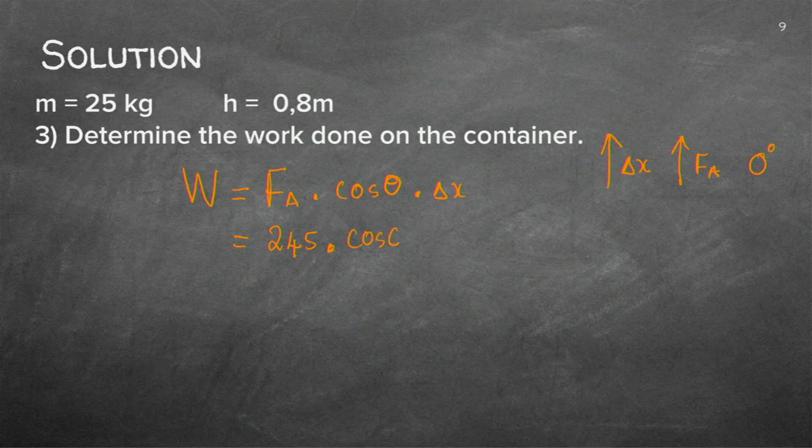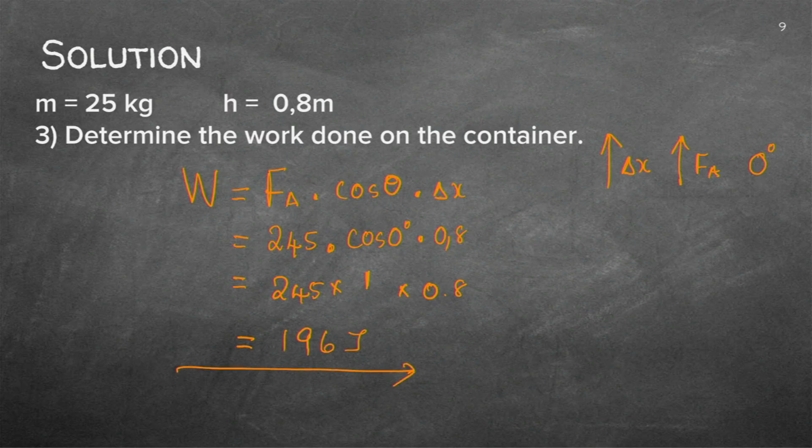Therefore, cos 0 degrees times the height of 0.8. And can you see that value is 1 again, 245 times 0.8, which gives me a value of 196 joule. Your answer, no direction, it's a scalar, and you did a very accurate calculation to determine the work done on the container.